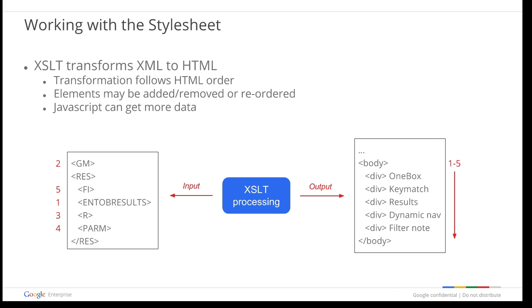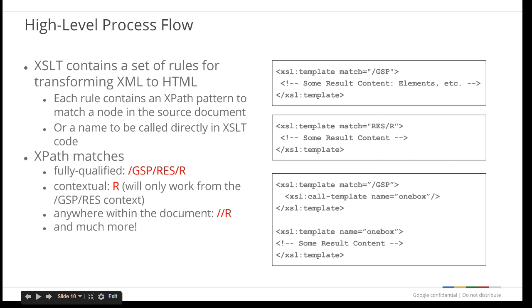Our XSLT program isn't limited to transforming the source elements in their original order either. We can add or remove elements and attributes, rearrange or sort them, perform conditional tests, and a lot more. An XSLT program contains one or more functions or subroutines called templates.